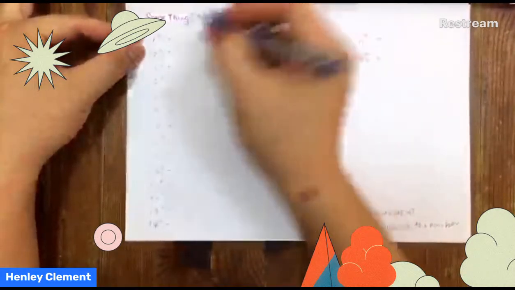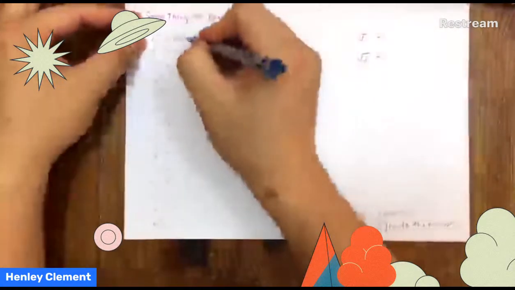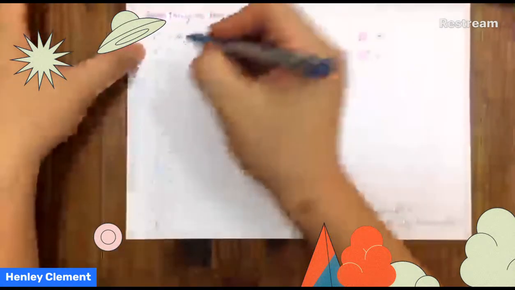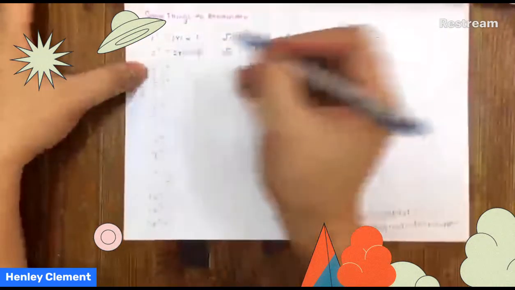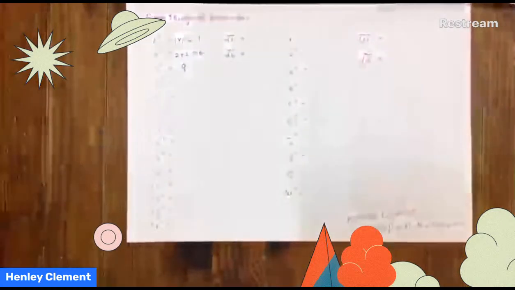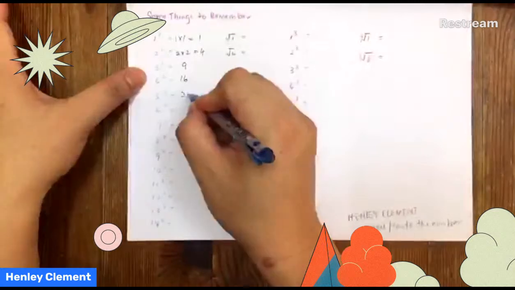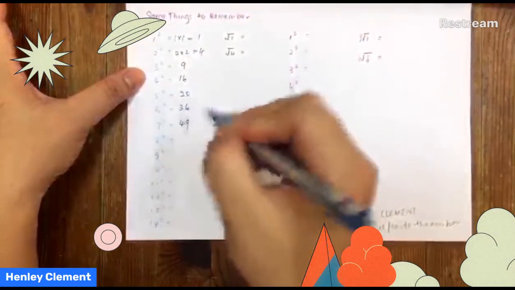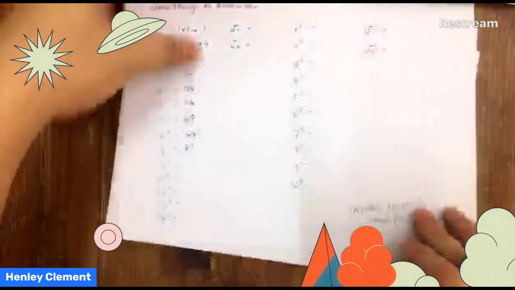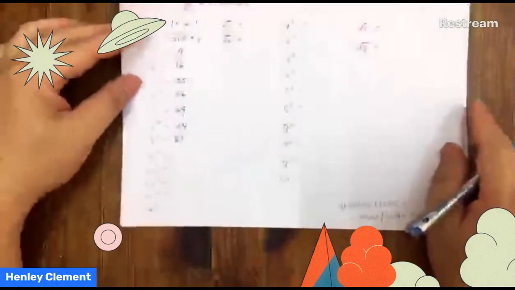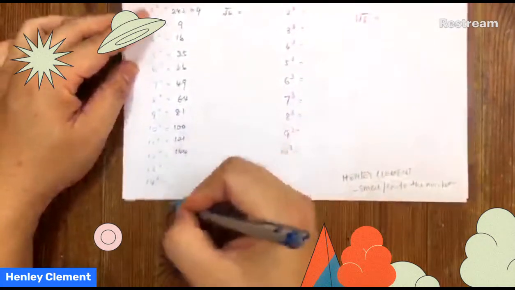I will write here. 1 power 2 means 1 times 1, so it gives you 1. 2 power 2 is 2 times 2, so we get 4. 3 power 2 gives you 9. 4 power 2 gives you 16, 25, 36, 49, 64, 81, 100, 121, 144.